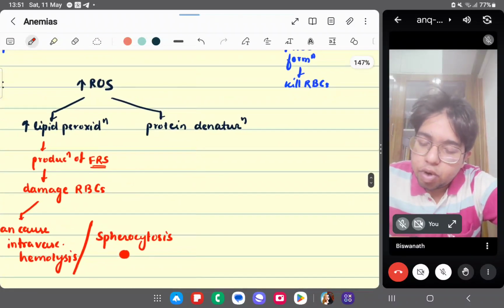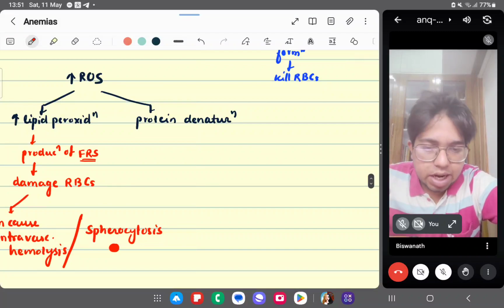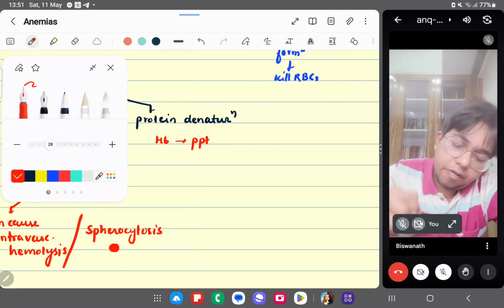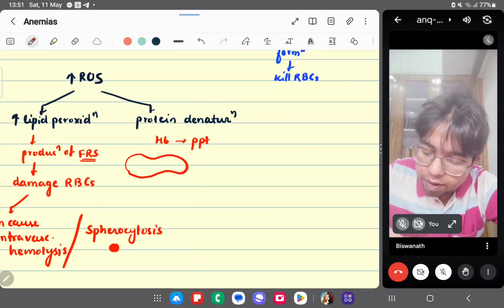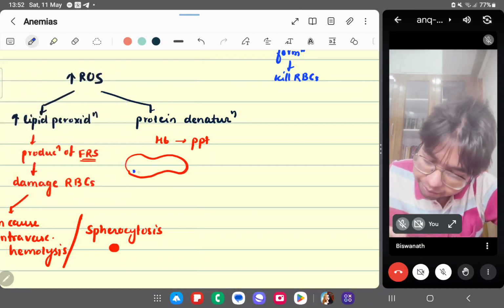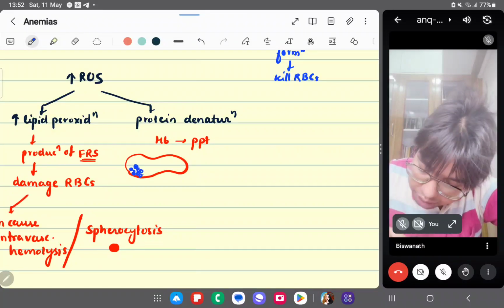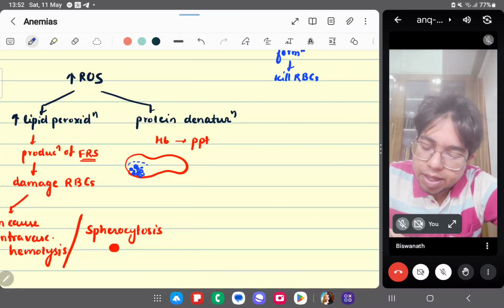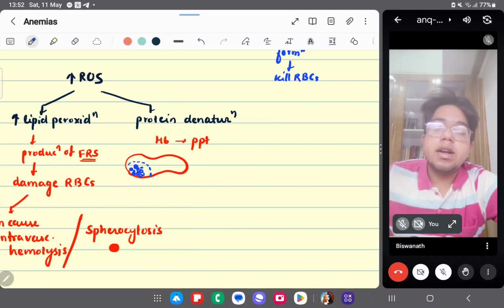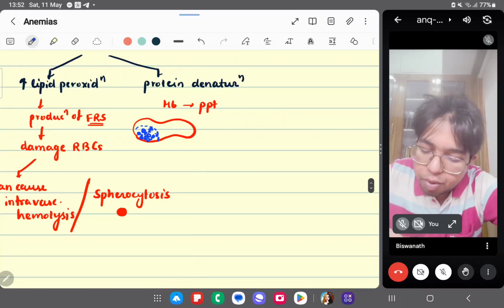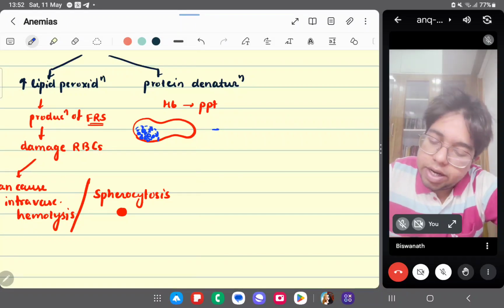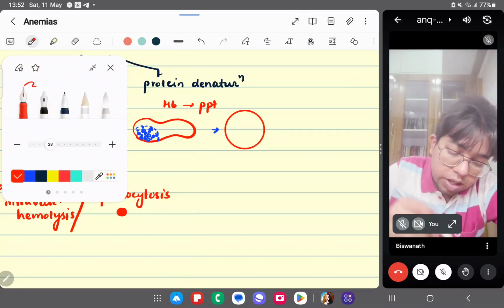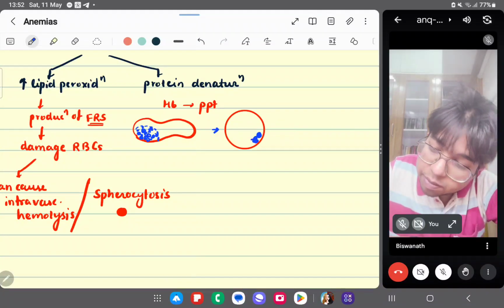If there is protein denaturation, that is precipitation of hemoglobin, it will form clumps inside the RBCs. This damaged protein forms clumps, and when seen from the top, it appears like this, and here is a clump.